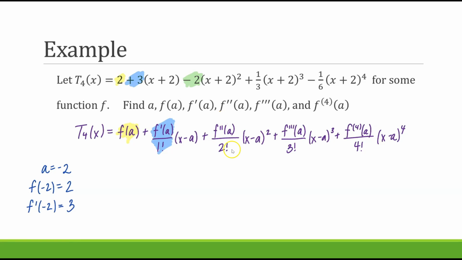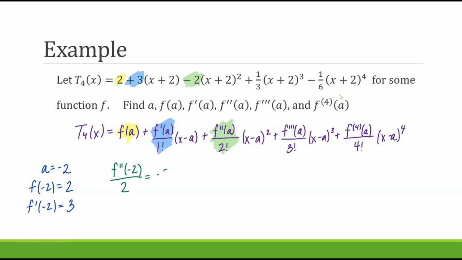And so that negative 2 is going to have to equal this coefficient, f double prime of a over 2 factorial. So I'm going to set up a little equation there. f double prime of negative 2, that was the value of a, over 2 factorial, well 2 factorial is just 2, has to equal, so this whole coefficient here has to equal the coefficient in front of x plus 2 squared in the Taylor polynomial expansion.